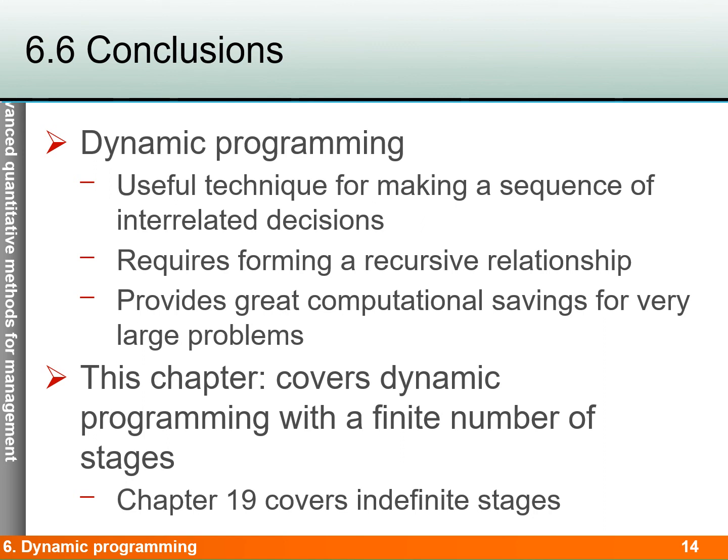As we saw based on these tables and the formulas that we obtained, it's easy to solve examples of this type of problem. This chapter covers dynamic programming with a finite number of stages, and in the next chapter, which in our book is chapter 19, on Markovian decision processes, we cover indefinite stages.